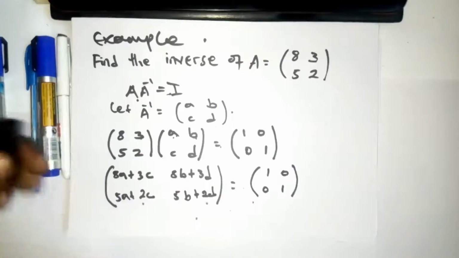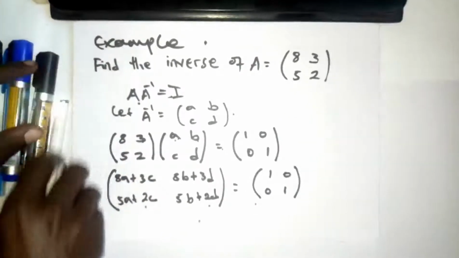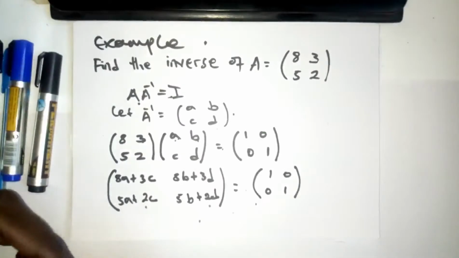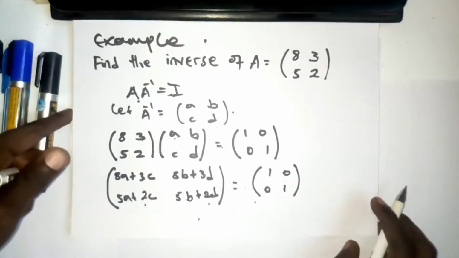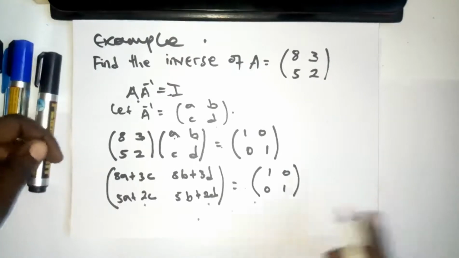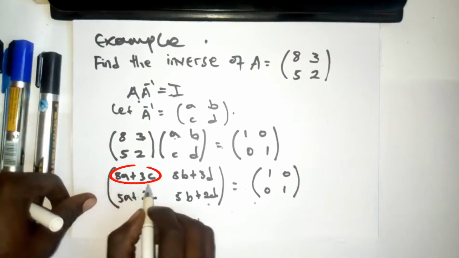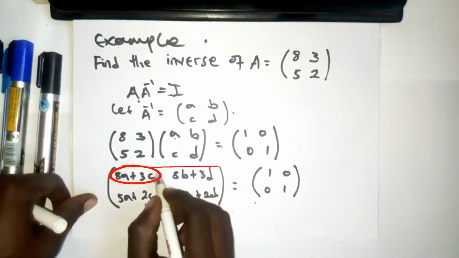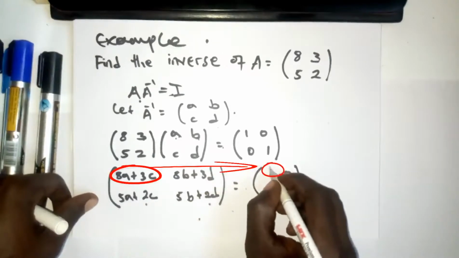Then from there, I want you to realize something: these entries are going to go with the specific entries from the left hand side and the right hand side. This entry at this position will go with the entry in the same position on the other side.